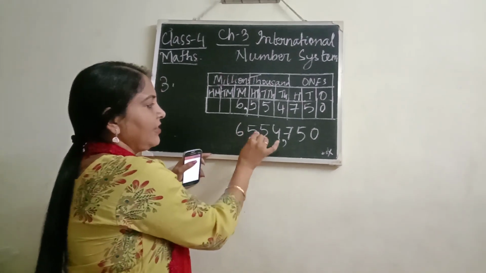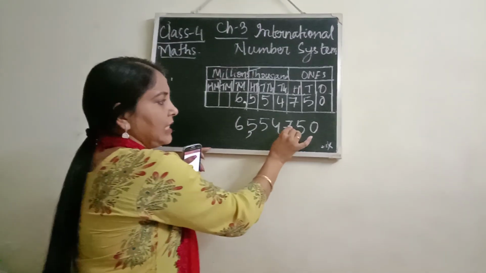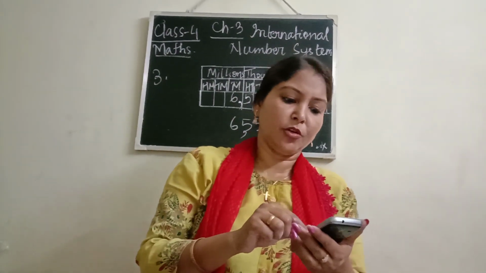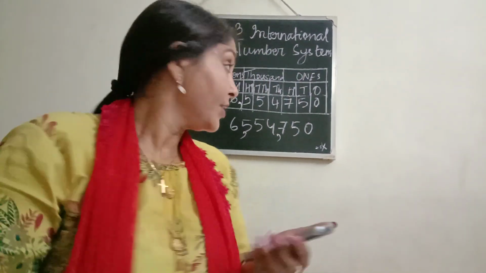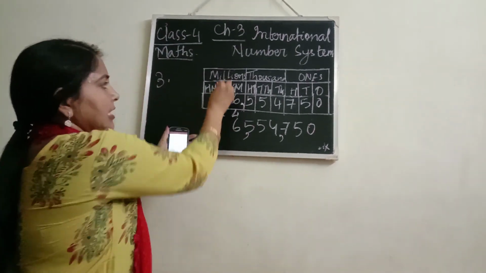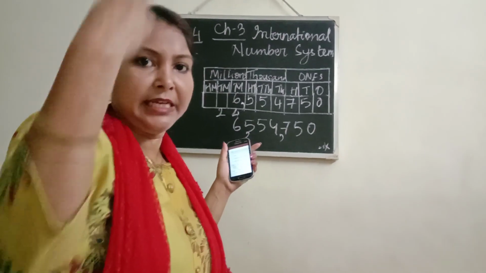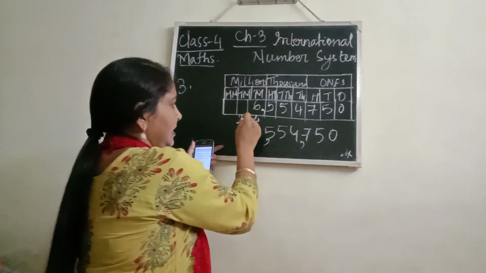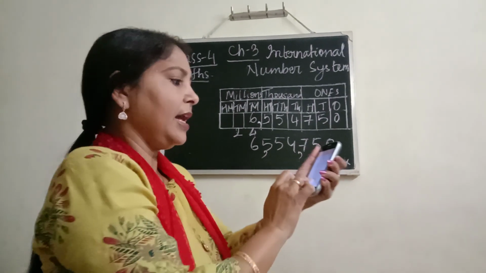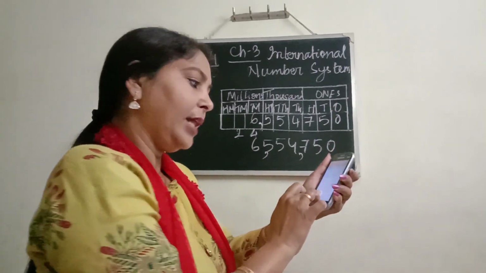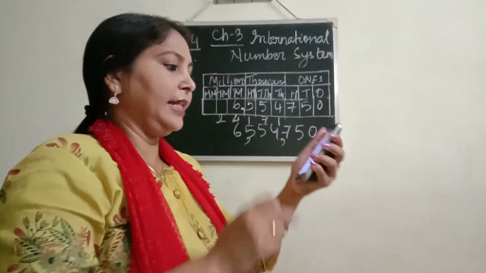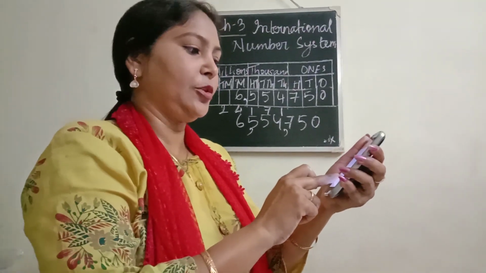So 6,554,750. And like this you will do the next question also. 24 million, because 20 is in the tens place, 24 million, then 171,000, and after that 82.